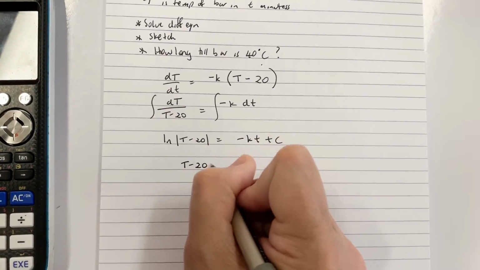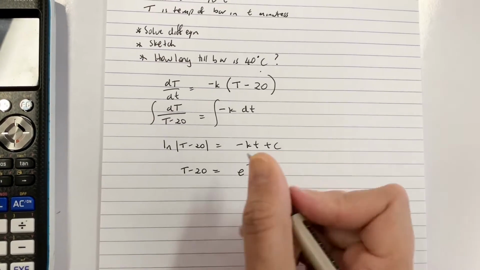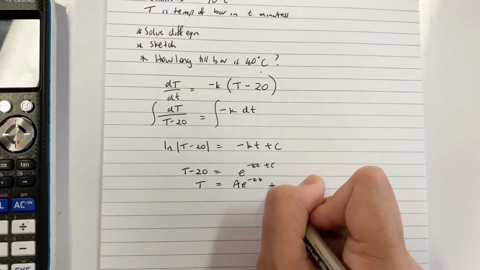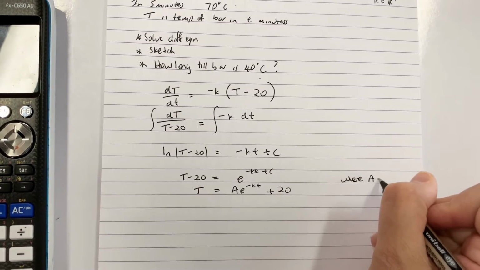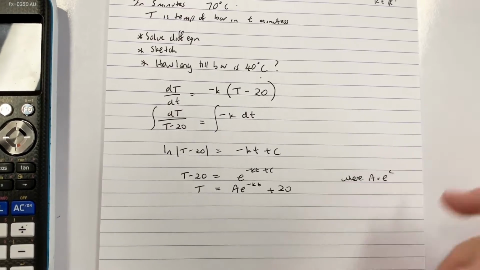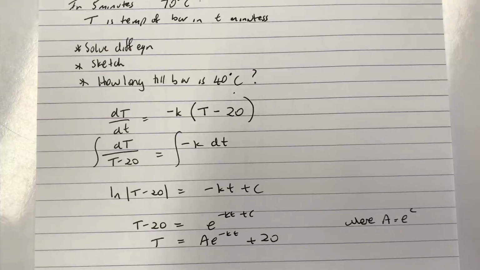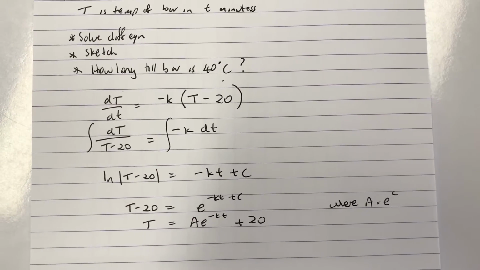Of course, that's going to be T take 20 is e to the negative kt plus c, or T equals Ae to the negative kt plus 20, where A equals e to the c. So we've solved our differential equation and we've got it down into that form.